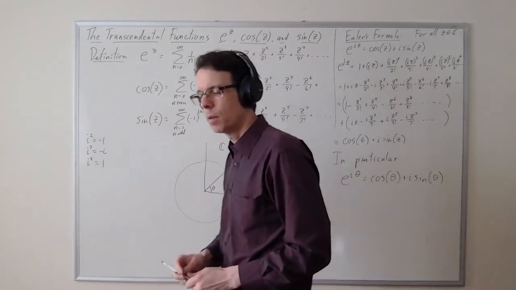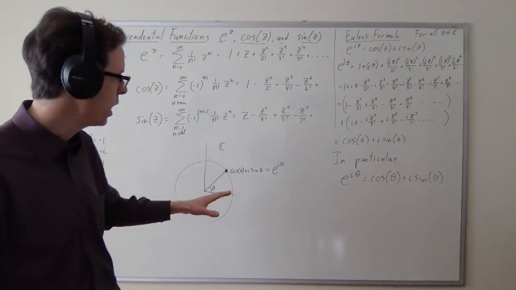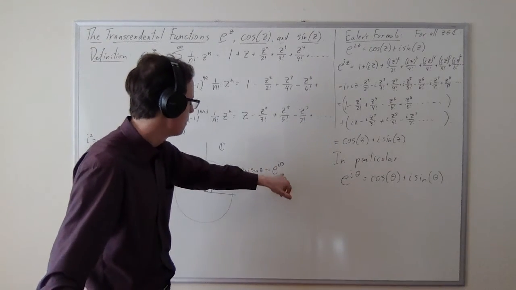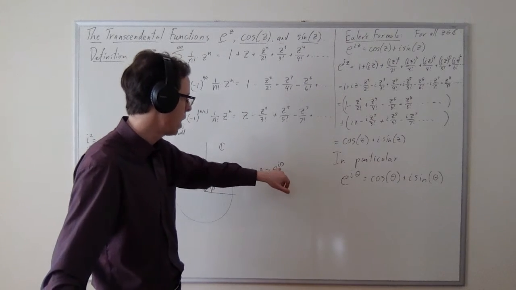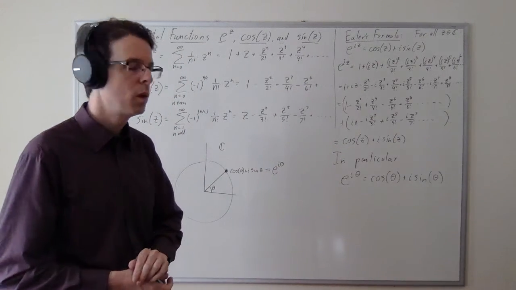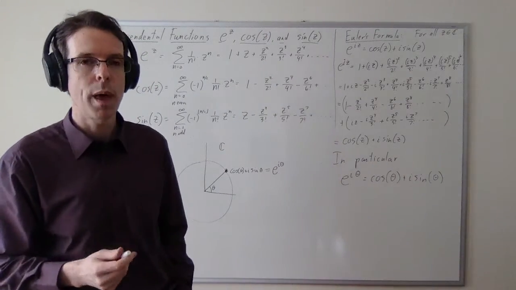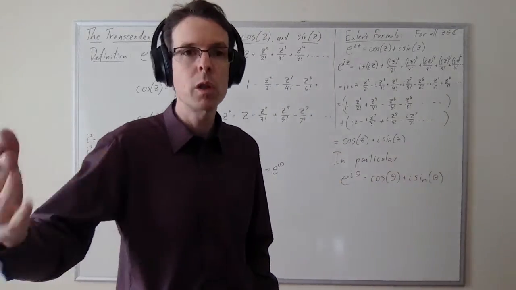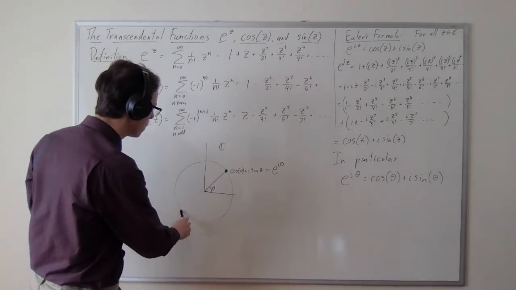So if you take the number e, 2.71828 and change, and raise it to the pure imaginary i times an angle, what happens is you don't get exponential growth at all. For large values of the angle, it doesn't even go to infinity. What happens is you get a rotational effect.